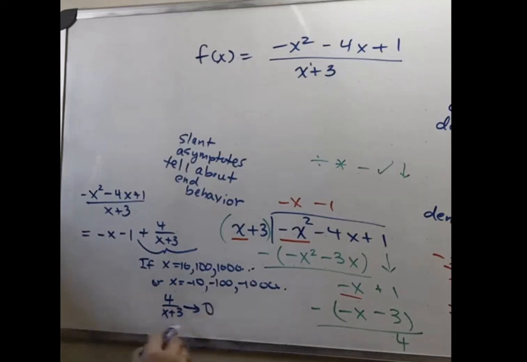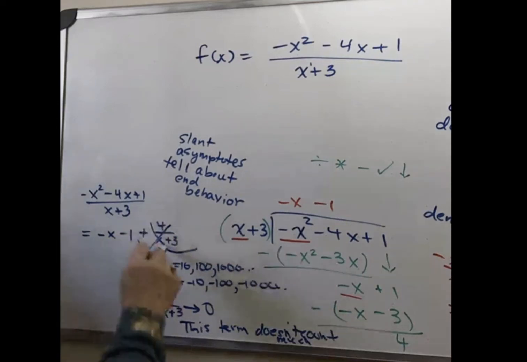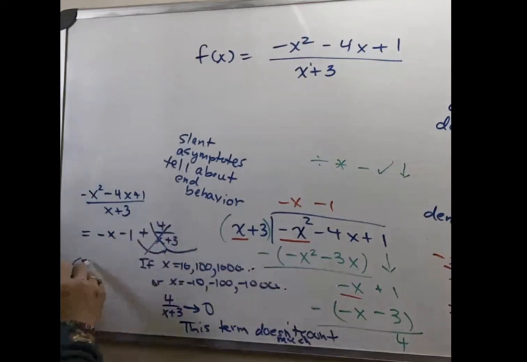So this term does not count much towards end behavior. So we're going to throw that away, and we're only going to look at the quotient. We're going to use y equals negative x minus 1 for our slant asymptote.